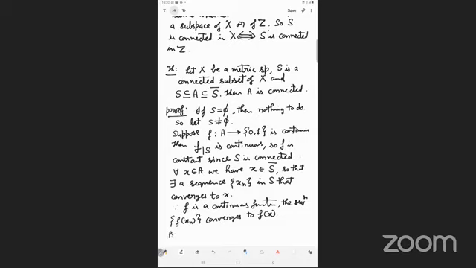But here you can see that f(xn) is a constant sequence, so that f has the same value at x as it has on S. Okay.